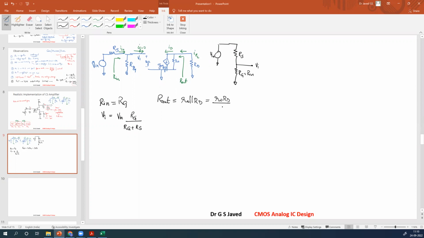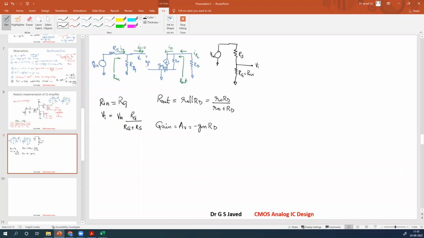Now, what would be the gain in that case? We know what is gain, right? Gain is given as voltage gain is minus Gm RD. But what is this in this case? Okay, let me help you with the answer here.